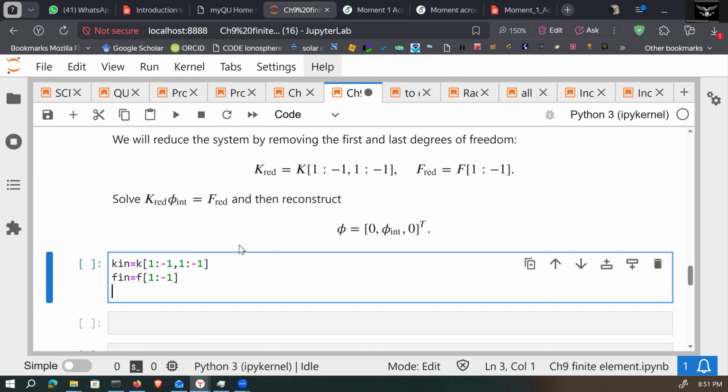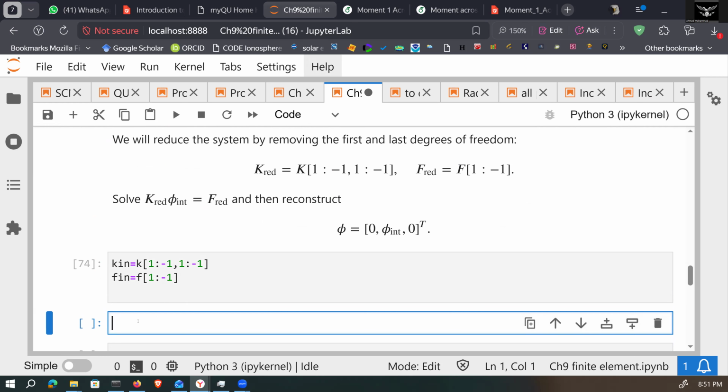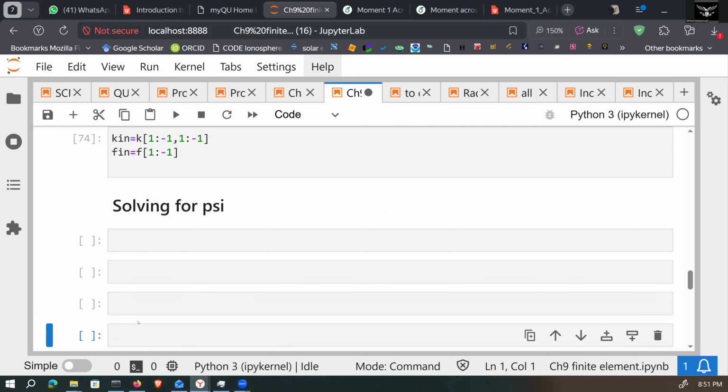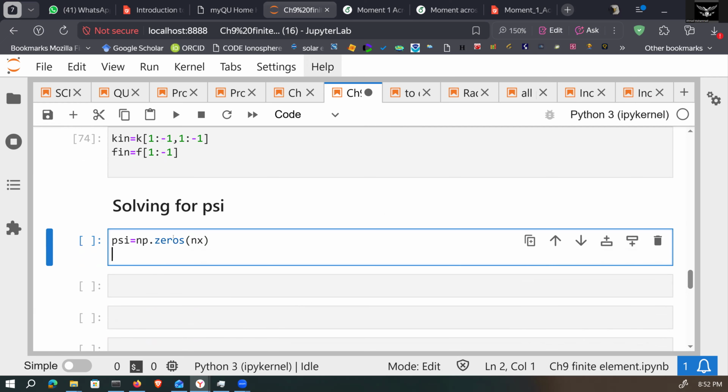Okay, so now I have this, and all that is left is to solve for psi. So psi is going to be np dot zeros of size nx, but eventually we solve for the inner elements of psi.